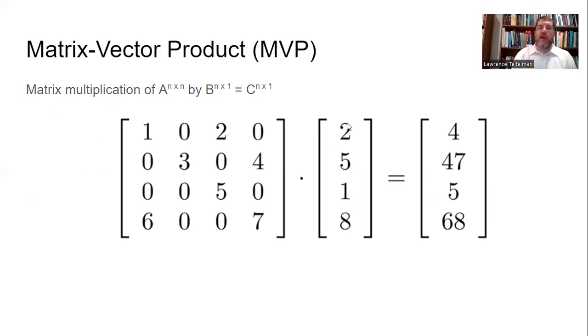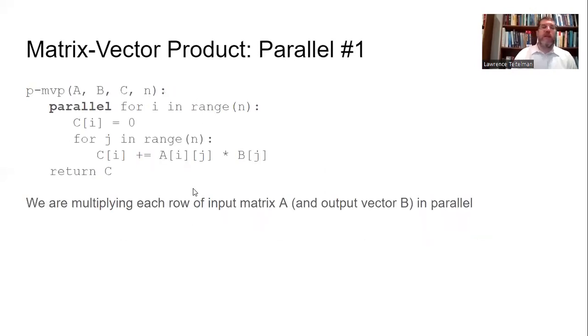And at the same time, we're going to take this column vector here and multiply it by this row, right? So that's what this is saying here. It's saying for each row of the matrix, in parallel, we're going to do a dot product. Right, we're going to do each row at the same time.